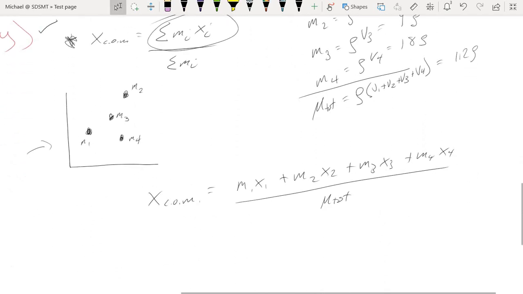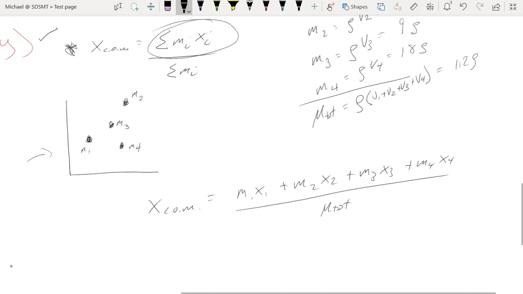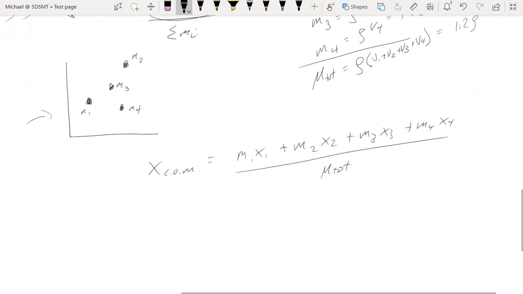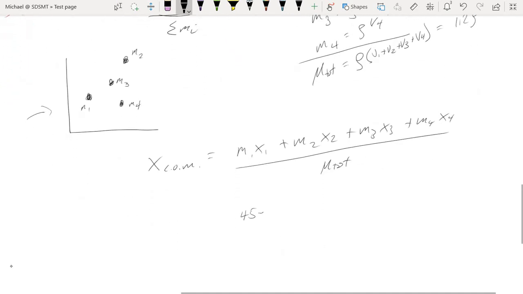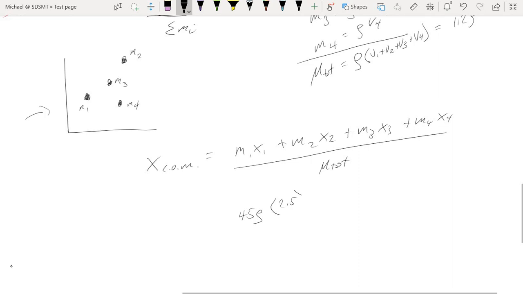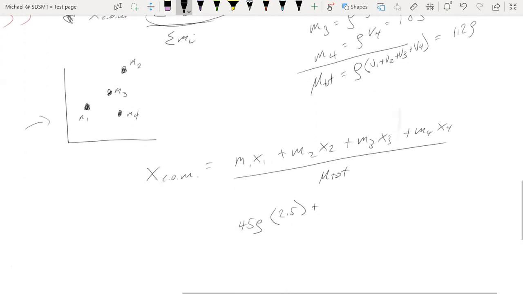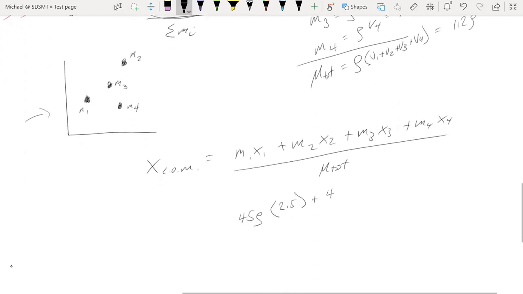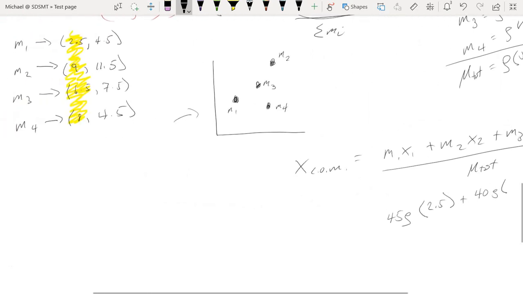Alright, here we go. Mass 1 was 45 rho, located at 2.5. Mass 2 was 40 rho, located at 9.